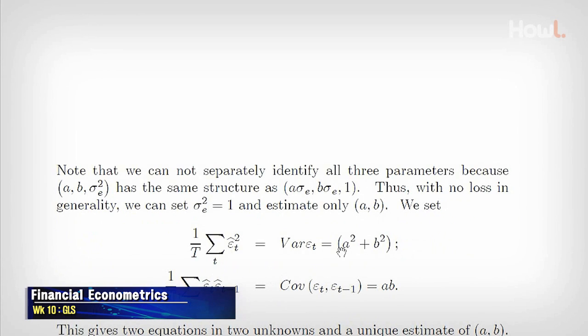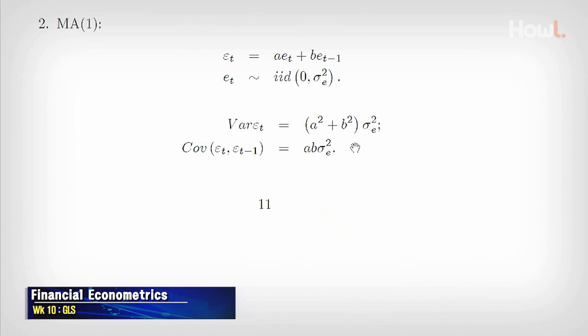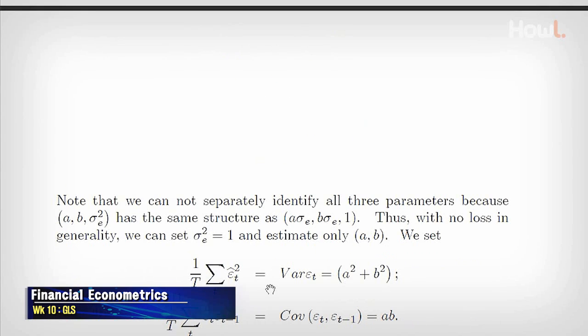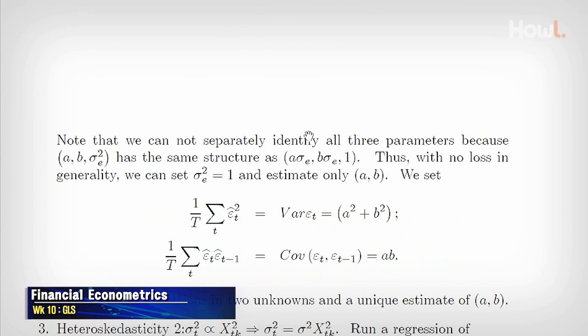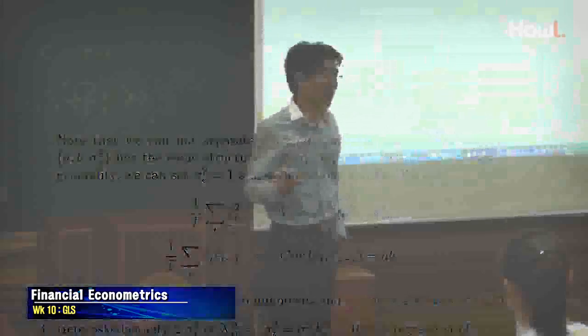Then, since we are assuming that this part is 1, the variance of epsilon would be a squared plus b squared, and the covariance between epsilon t and epsilon t minus 1 is simply ab. We have two equations and two unknowns, so we can solve it. You run the OLS regression and collect your OLS errors.